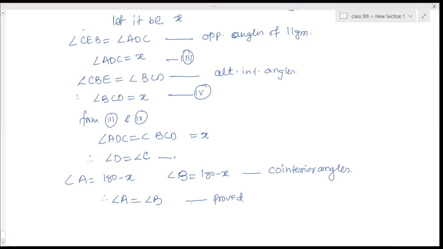And this is the second part, and this is the first part. Now triangle ABC and triangle, what is it? ABC and BAD. AD is equal to BC, given.